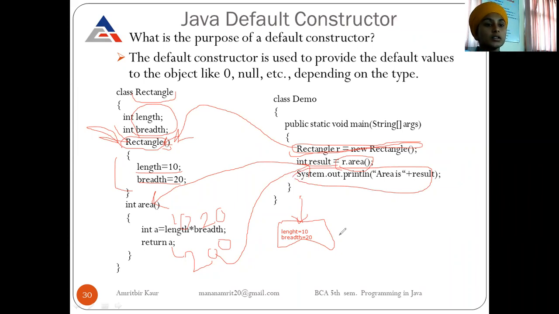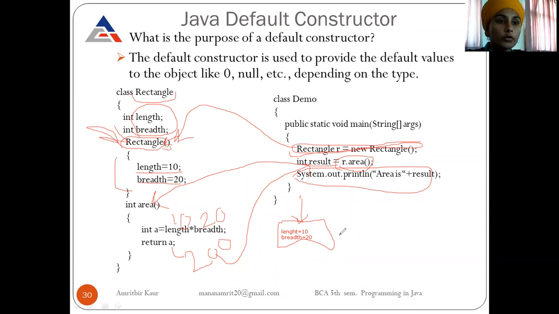When we create classes, we create a method to initialize values. We used a setData method to set the values of length and breadth, but here we can use a constructor. And every time we execute it, it will return the same result. For example, if we create another object like Rectangle R1, it gets the same default value.